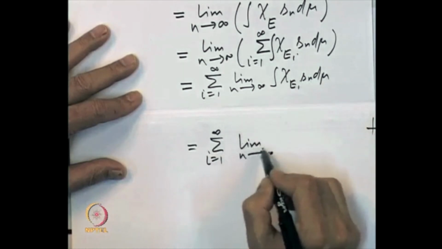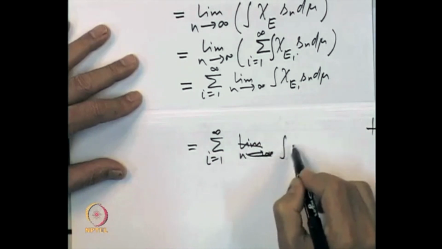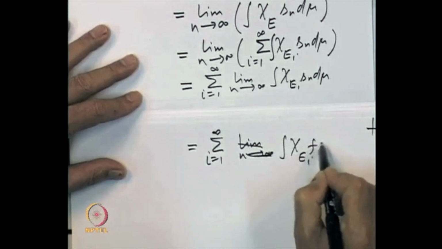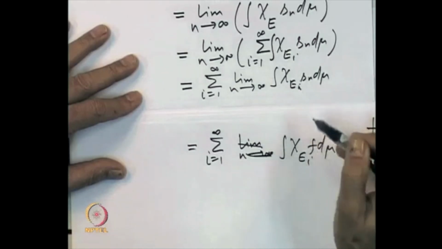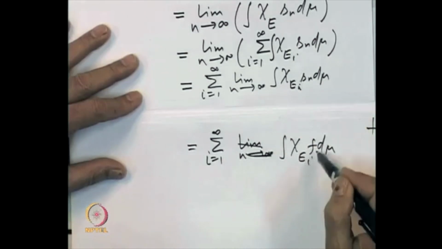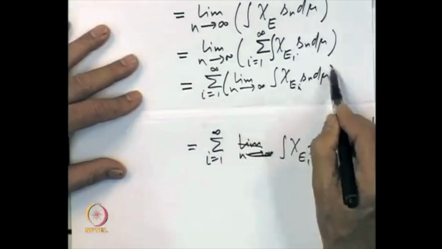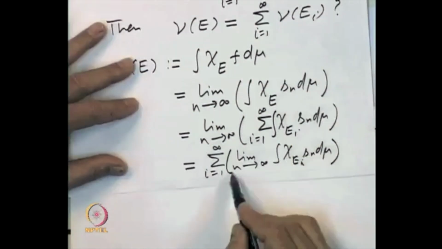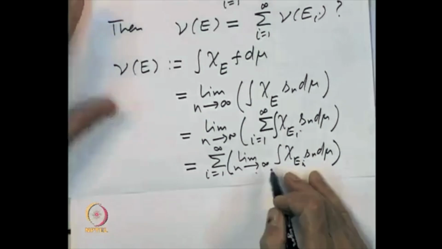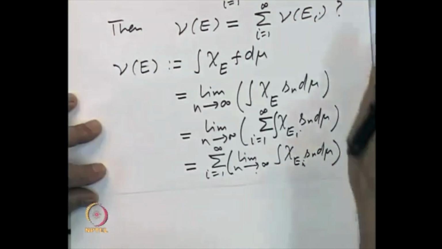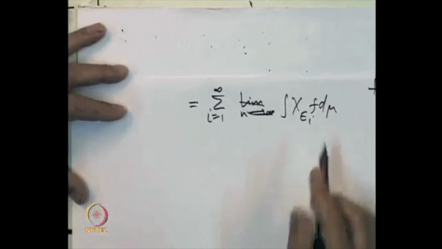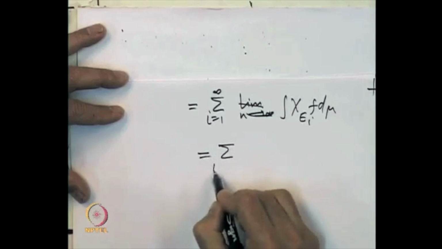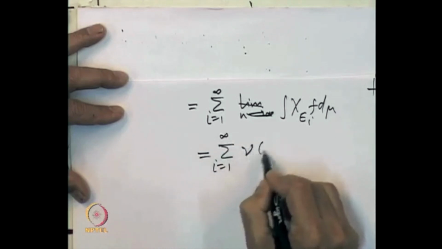That limit is nothing but the integral of chi Ei f d mu, because Sn is increasing to f, so chi Ei times Sn increases to chi Ei times f. So this limit as n goes to infinity of the integral of chi Ei Sn d mu is nothing but the integral of chi Ei times f, and that is nothing but our definition of nu of Ei.